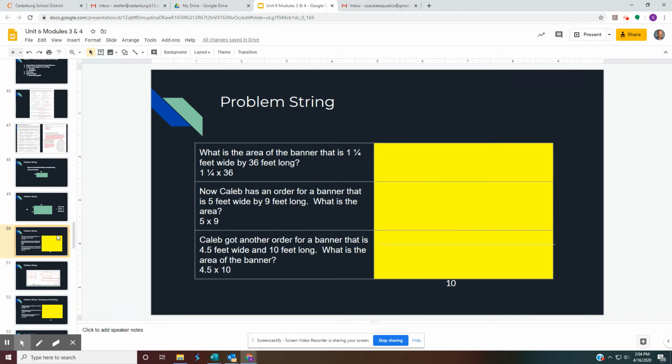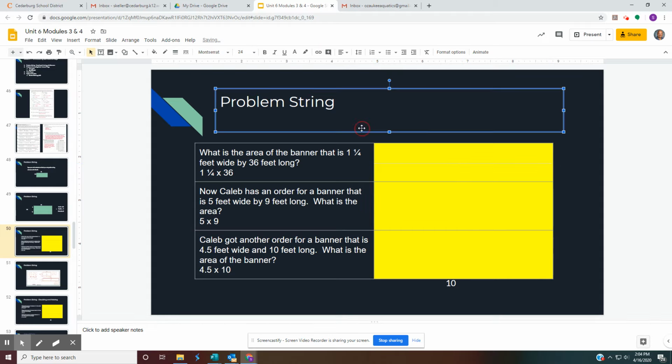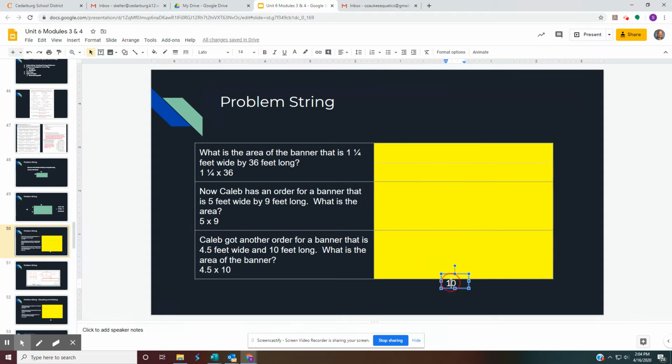We're going to begin our work here. Okay, so it says, what is the area of a banner that is 1.25 feet wide by 36? Now, I'd like you to draw your square or your rectangle very similarly to what I have here on the screen, right? And we are putting the width of our rectangle up on top here. And our width is 36, right?